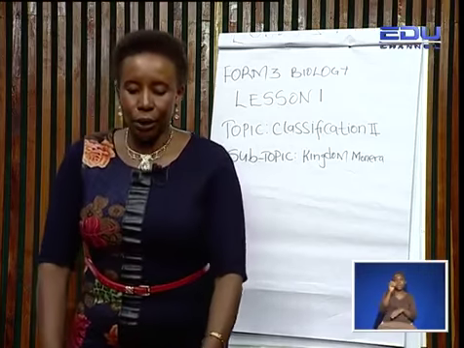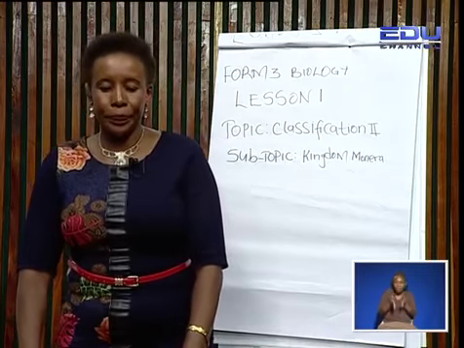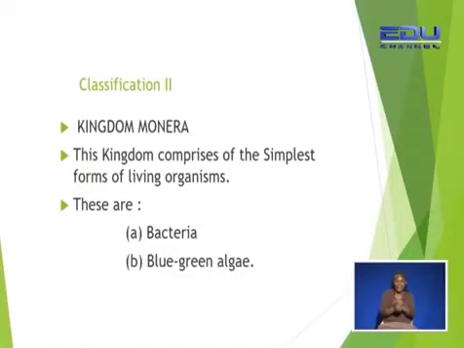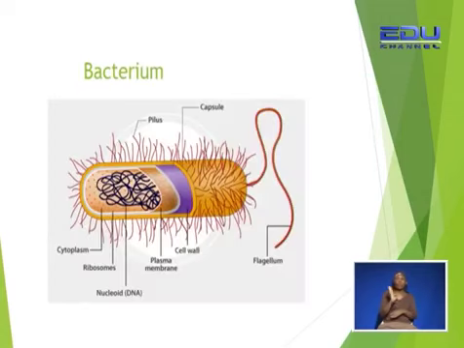So Kingdom Monera comprises the simplest forms of living organisms. It comprises living organisms that are simple in that they are unicellular. Some of the living organisms that belong to Kingdom Monera include 1, bacteria, and number 2, the blue-green algae.